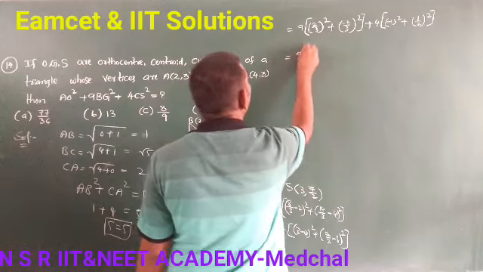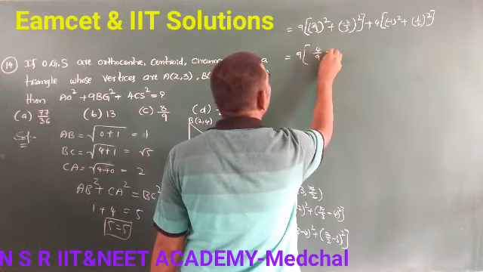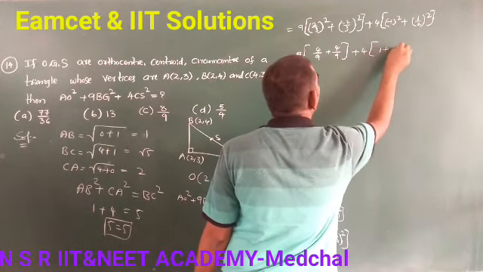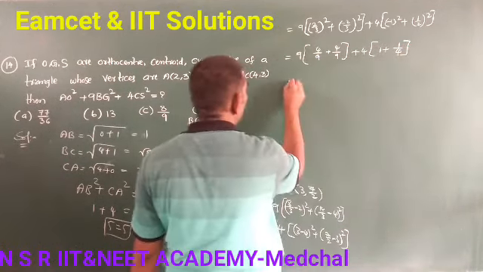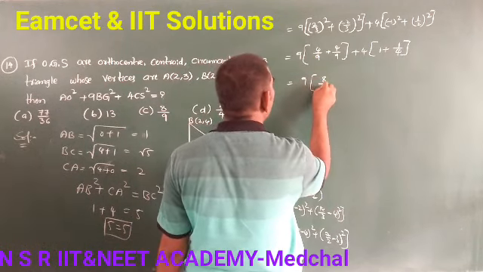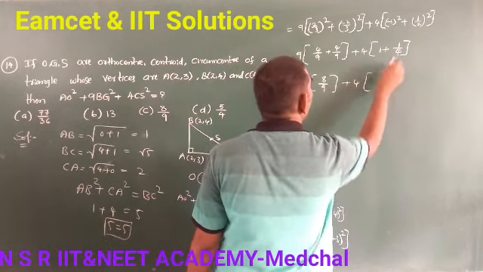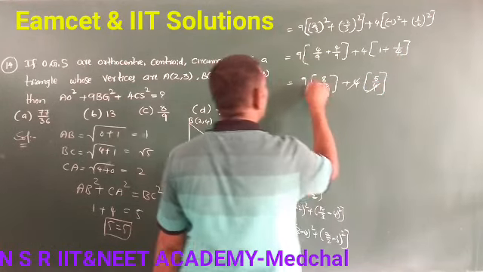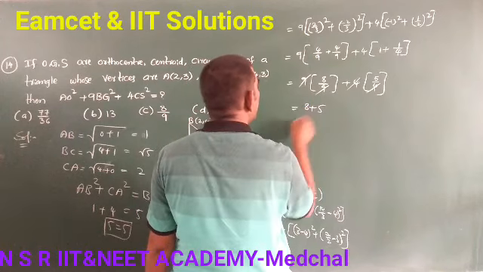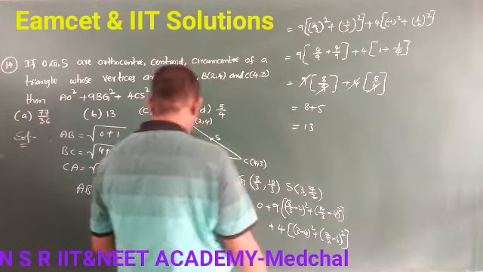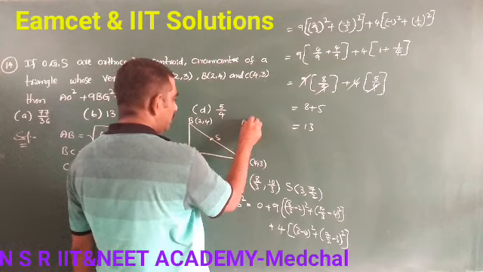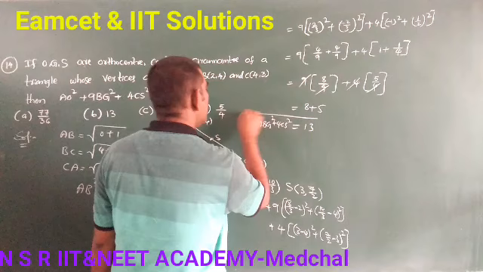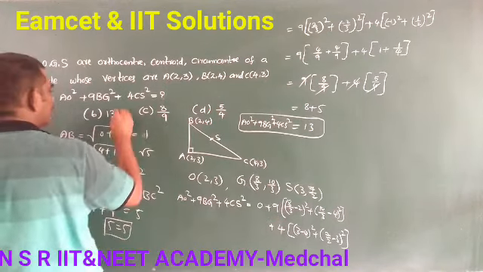Now we get 9 into (4 by 9 plus 4 by 9), next 4 into (1 plus 1 by 4). Now we get 4 plus 4, 8 by 9. Next, here plus 4 into (4 plus 1) 5 by 4. The 4s cancel here, the 9s cancel, 8 plus 5 is equal to 13. So the value of AO square plus 9 BG square plus 4 CS square is equal to 13. So our answer is B.